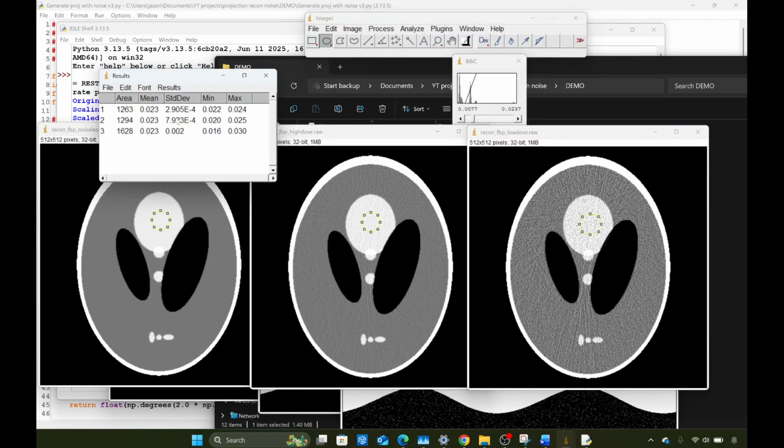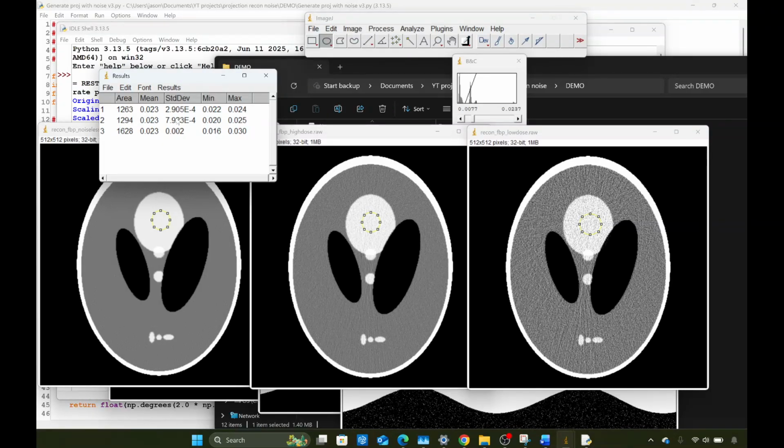If you truly want to understand CT image quality, you must understand projection domain physics. This simulation shows the full pipeline, from attenuation to photon counting to log transform to FBP reconstruction.